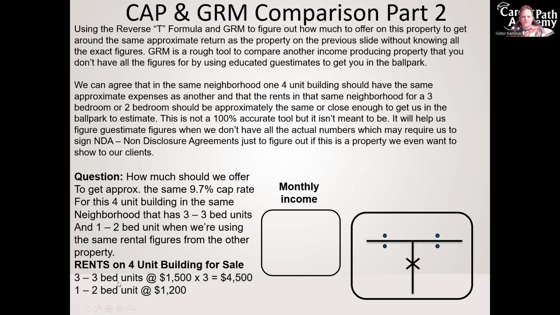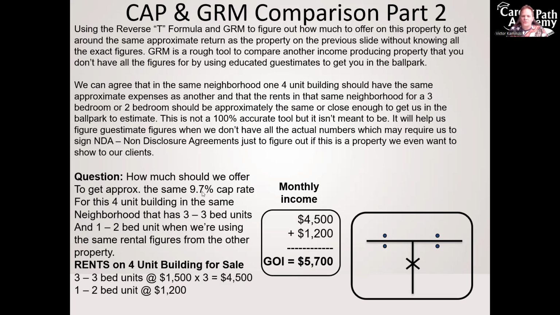Well, let's first calculate what the gross monthly income is. If you have 3 3-bedroom units renting for $1,500 a month each, that's $4,500. And 1 2-bedroom renting for $1,200 a month. You add them up to get the gross monthly income of $5,700 a month.